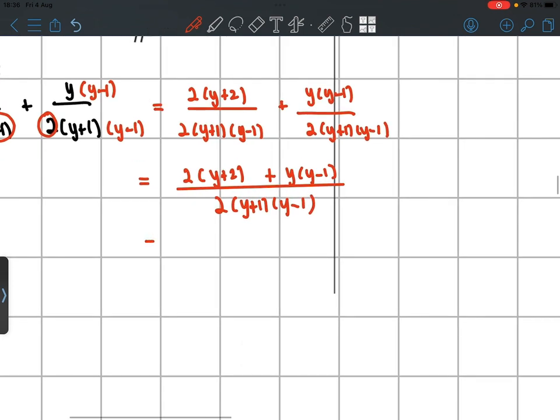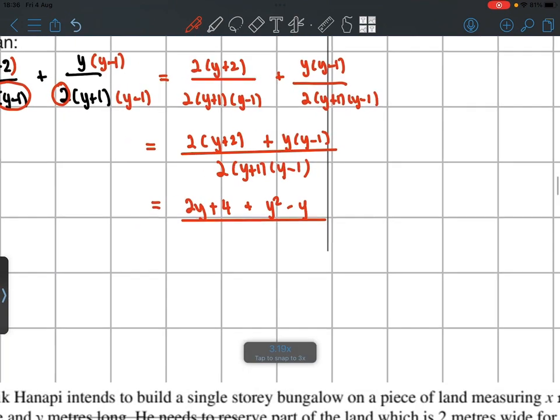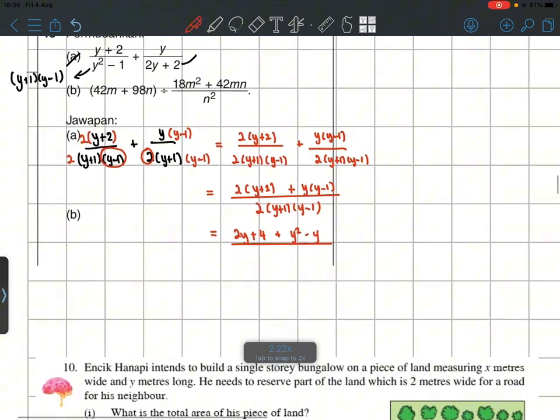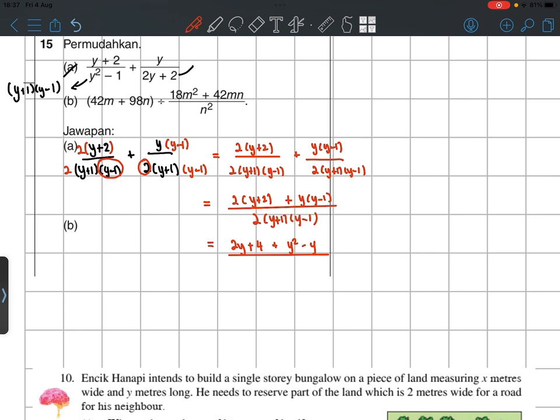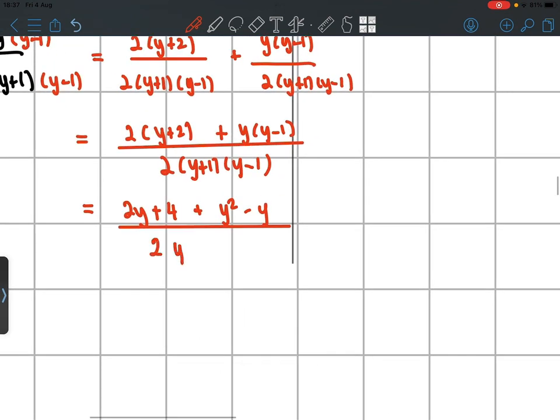Then we can simplify. Whatever brackets you see, just expand them. So 2y plus 4, plus y squared minus y, divided by the denominator.